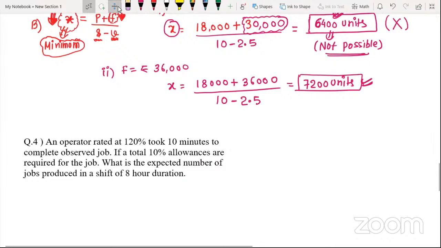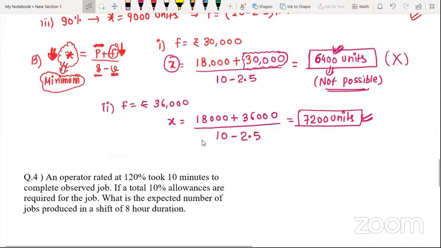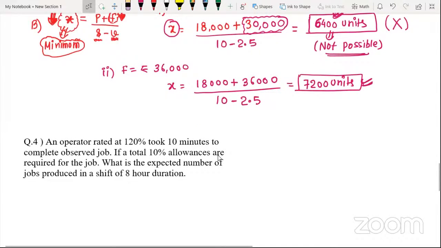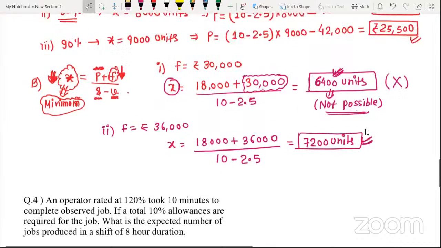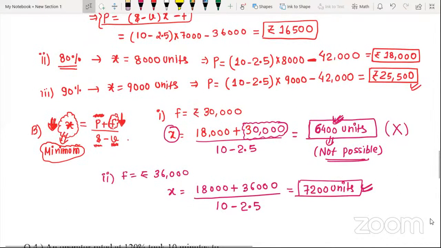It is not working. Okay, so just I'm doing it here. So for third case, just check here. For third case, f is rupees how much, 42,000.